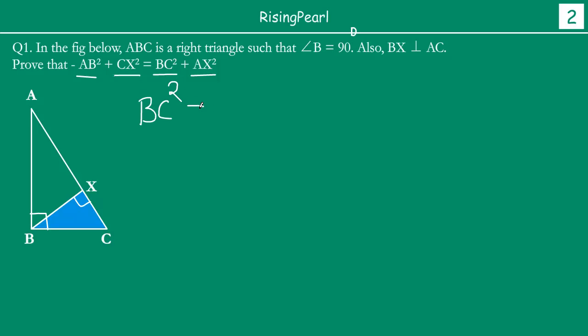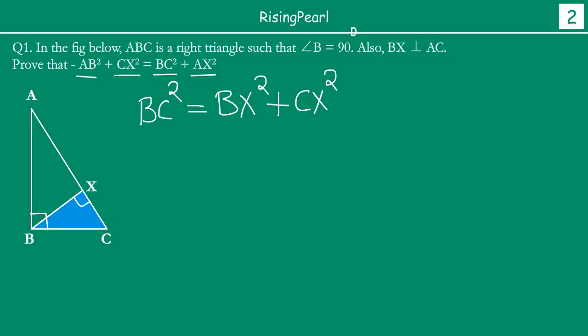BC square is equal to, BC is the hypotenuse, side opposite to the 90 degree angle, is equal to BX square plus CX square, right? BC square is equal to BX square plus CX square.